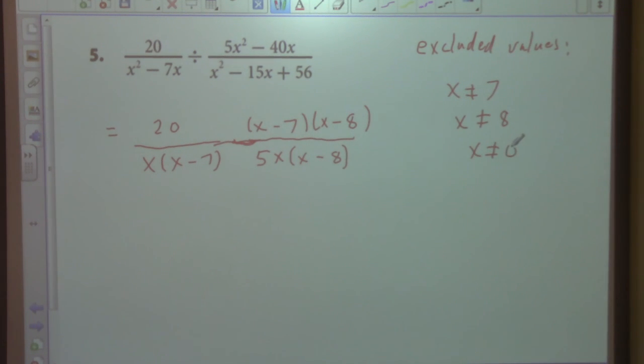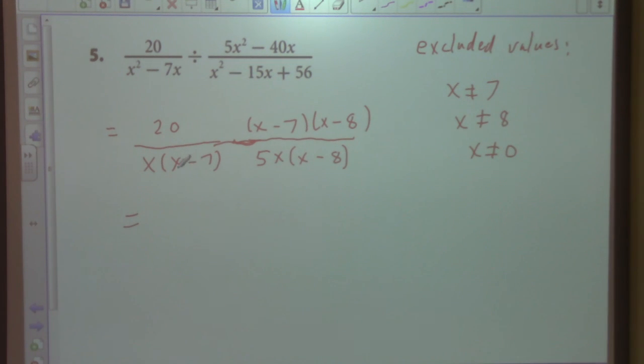See, x cannot be 0, because neither of these x's can be 0, right? Any other excluded values? I don't see any. That should be it. We could look at this up here, but it's the same as the bottom, and they're already accounted for in what we found here. So there's nothing new to add by looking at that, right?